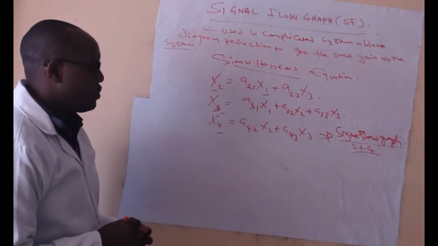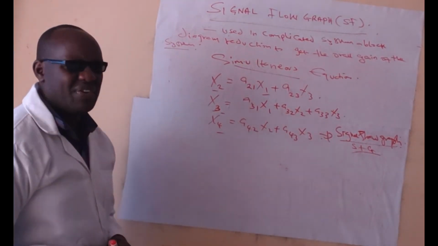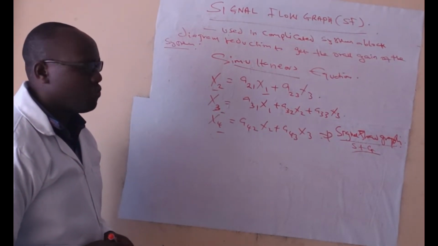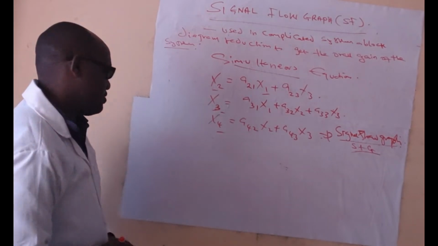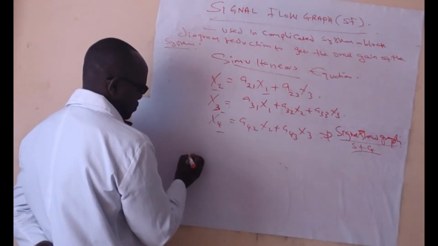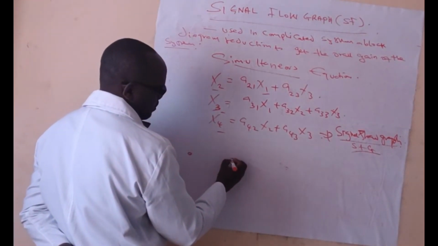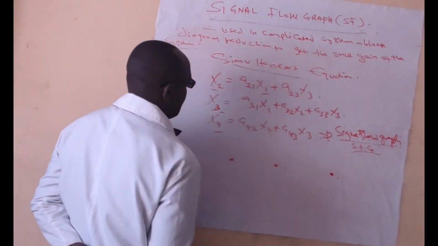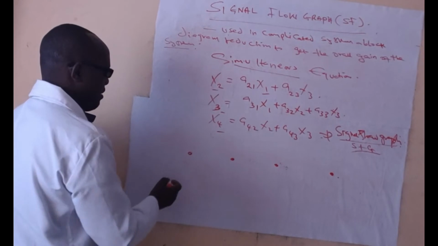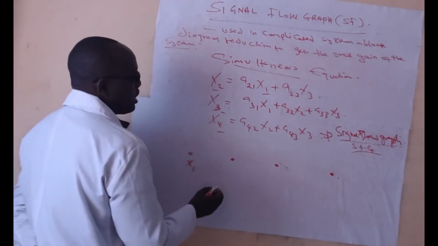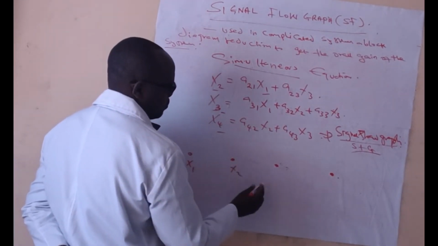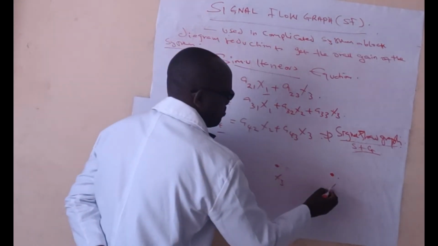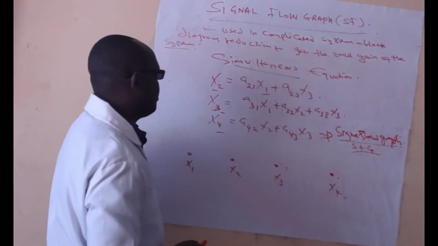Out of that we have 4 nodes. So 1, 2, 3, 4. We can label them: this one to be x1, this one x2, this one x3, and this one x4.